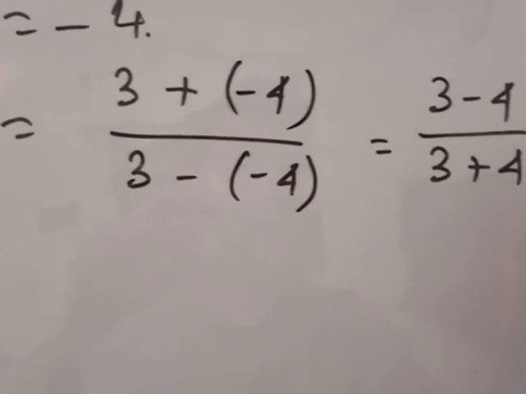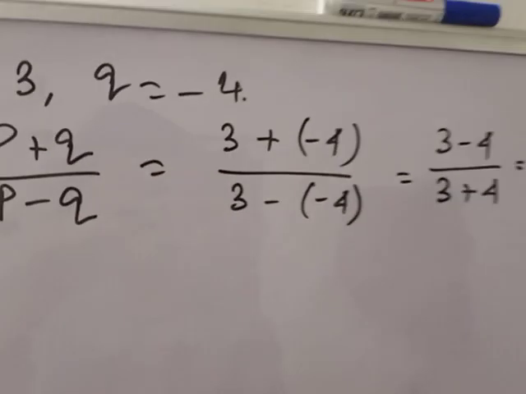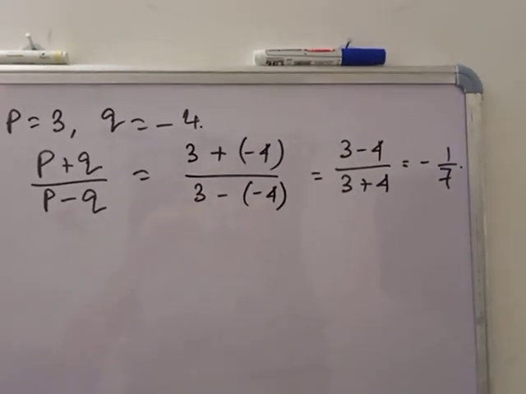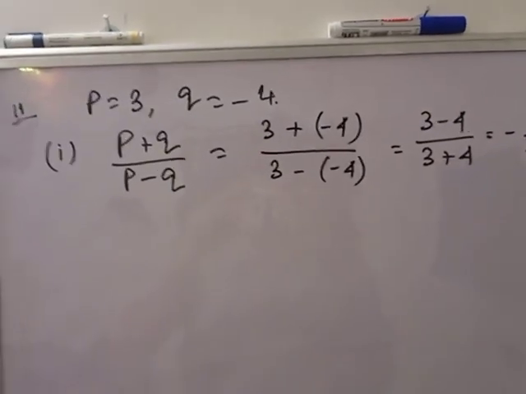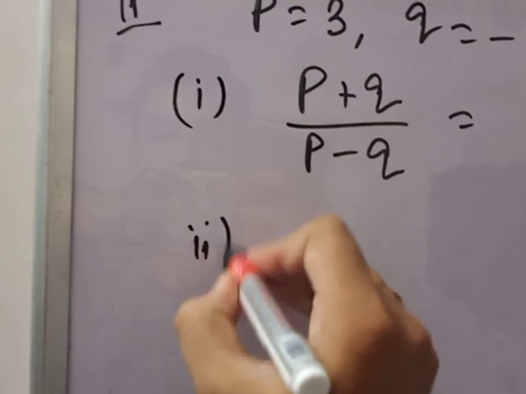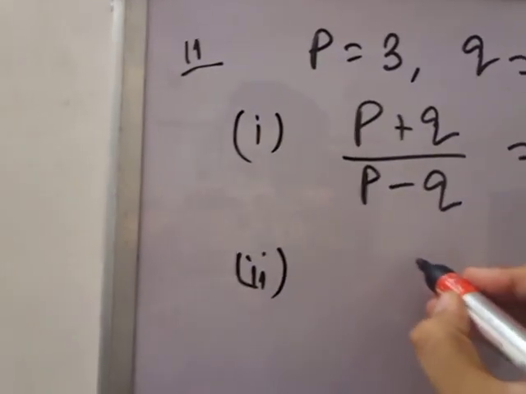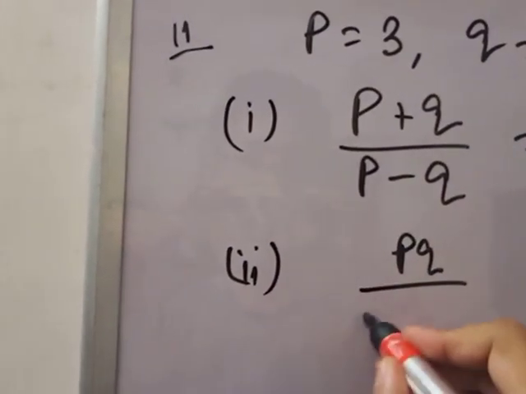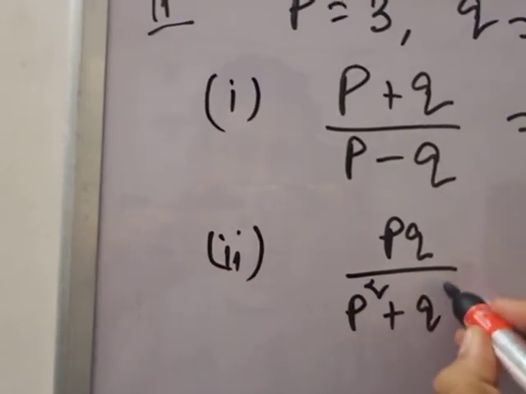That is minus 1 by 7. Next, number 2, PQ by P square plus Q square.